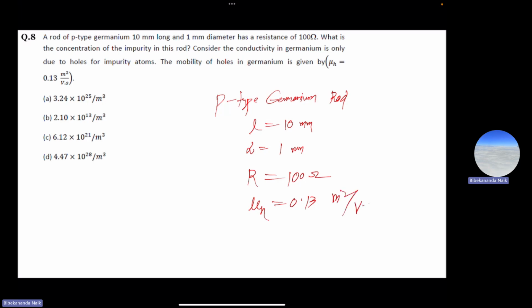So what is the concentration of impurity? I'll give you a few minutes to try this question, and then we will discuss how we will solve this question.